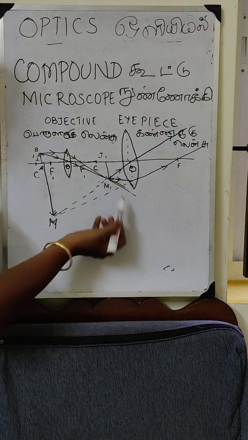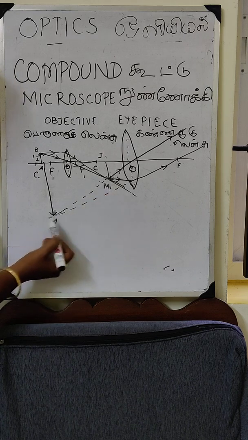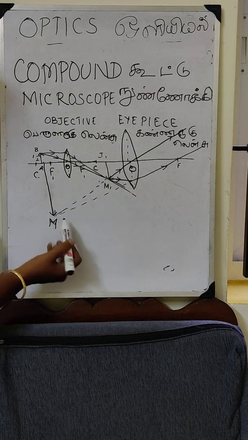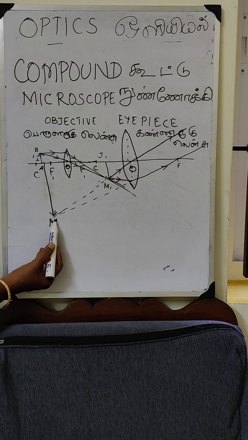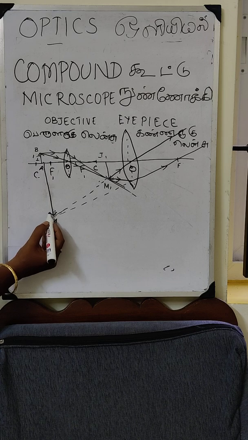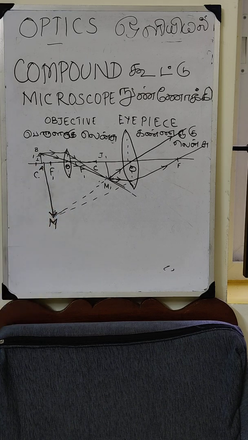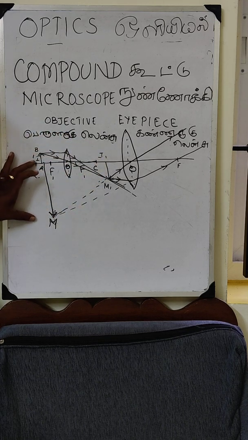So as in the simple microscope, we extend the lines so that you get an intersection point here, and you get an image here. So it is magnified. Here the object is like this and it is the magnified image you get.